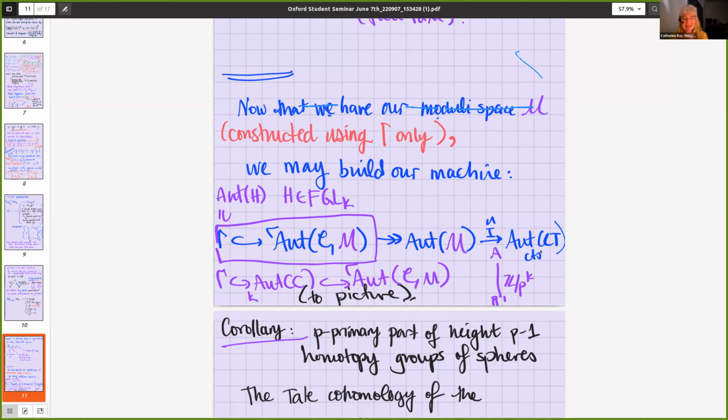I think, let me just check. So you have the group of automorphisms of the formal group law. Mm-hmm. We take a maximal finite subgroup. But that group, that's the Lubin-Tate group, and it's acting on the deformations of the formal group law.